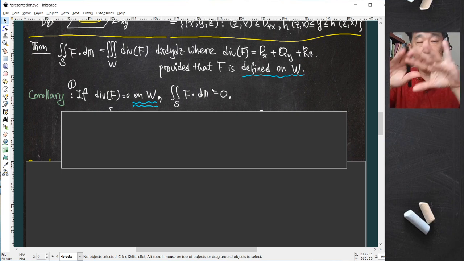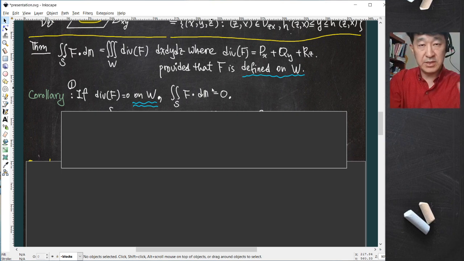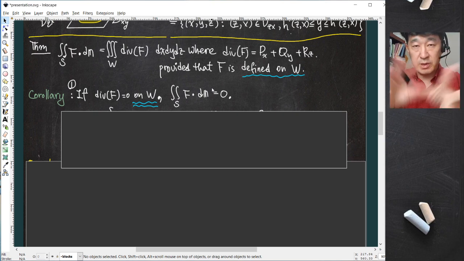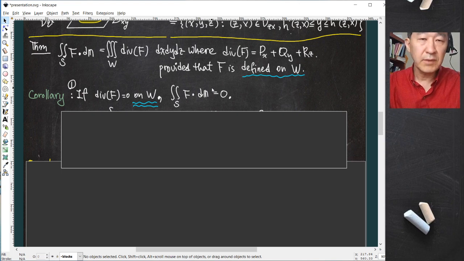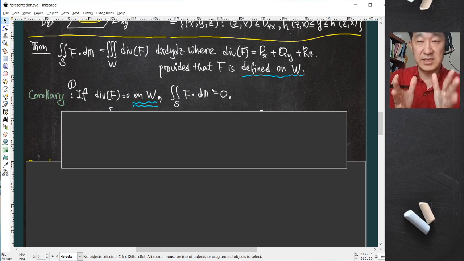So if you think about imaginary bubbly soap in there, and there are just air particles going through like that, and inside the region the number of air molecules is staying the same, that means going out and coming in is exactly the same, and that's exactly what you expect.